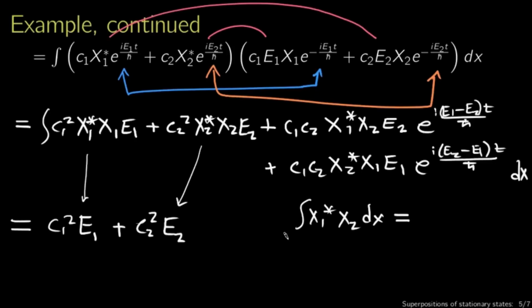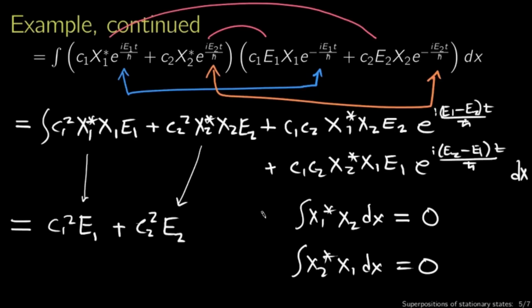When you have distinct solutions like this, x1 and x2, the integral of their product is 0. Likewise, the integral of x2 star x1 dx equals 0. We'll see a specific example of this in the next lectures when we're talking about the particle in a box. This is connected with Fourier analysis and Fourier series, but for now you can think of it just as a quirk of the nice features of equations like the Schrodinger equation, that you get solutions that split up like this, where your cross terms in integrals like this vanish.